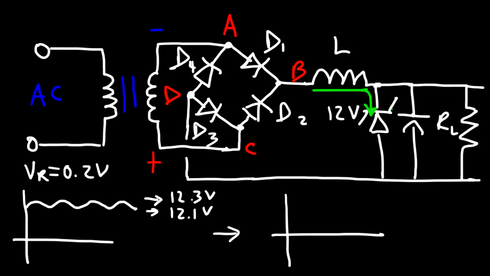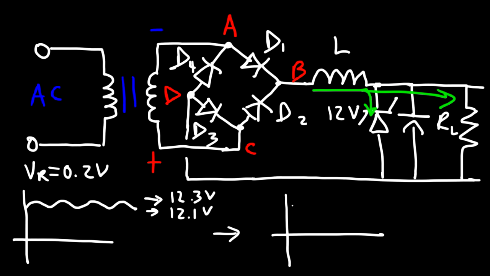Once it hits 12, the Zener diode will not divert any more additional current in this direction. So the remainder current will flow here. So it will continue to abstract current until it brings the voltage to 12, at which point it's not going to pull any more current away from the circuit.